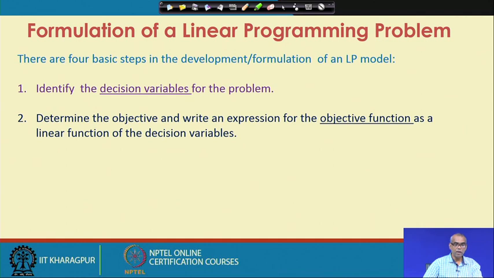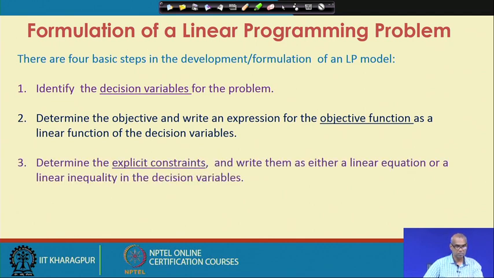The next step is to identify the objective and write an expression for the objective function as a linear function of the decision variables. The next step is to formulate the constants.